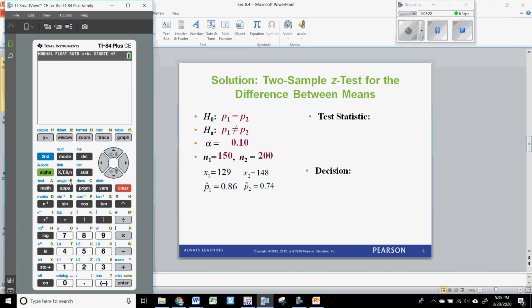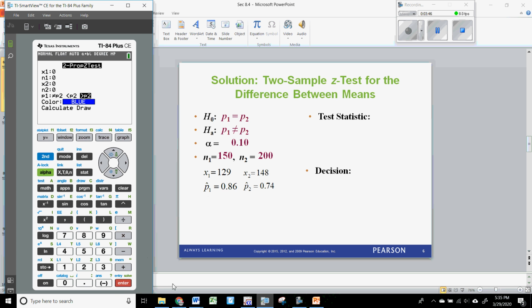And that's important because when you do this on the calculator, for those of you with the TI, we're going to go to a two proportion Z test. You can see we need x1 and n1 and x2 and n2 to be able to do that. So you need to figure out what's the x and the n. You don't need to figure out what the p hat is.